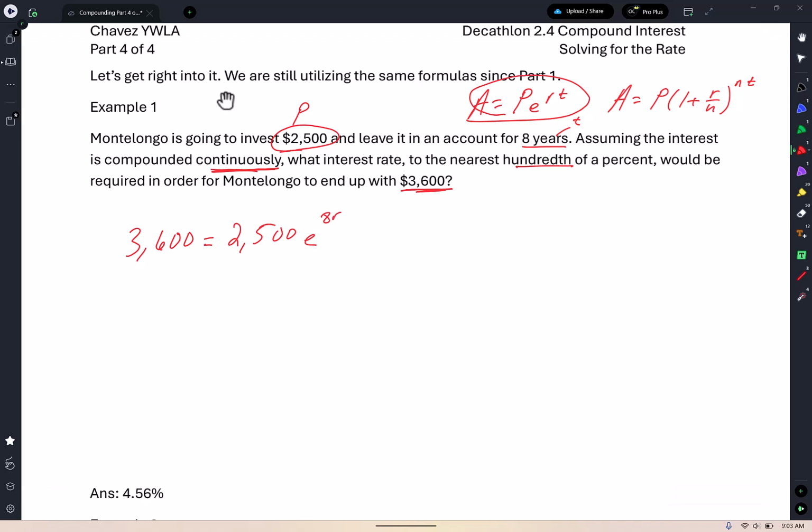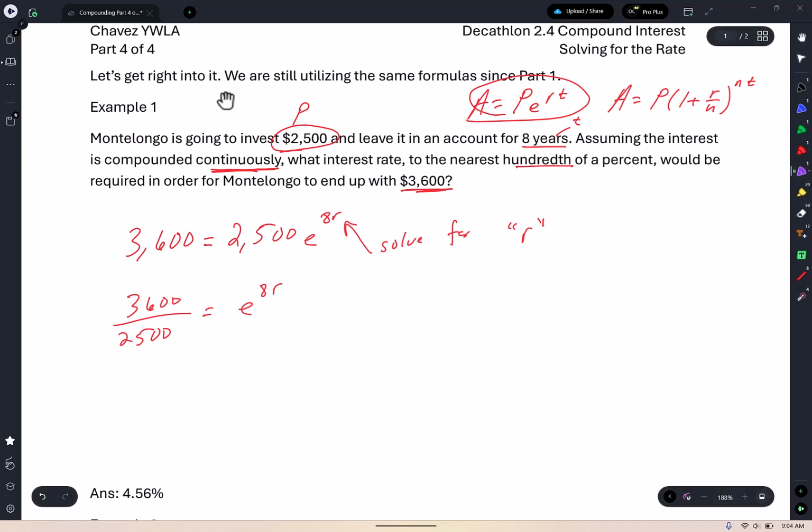First move is divide by 2,500, because we're trying to solve for r. So we have 3,600 divided by 2,500 equals e to the 8r. Then in order to bring this down, we're going to use ln, our log properties. I'm going to go ln, and now this 8r comes to the front.